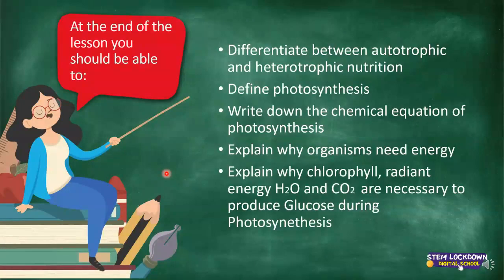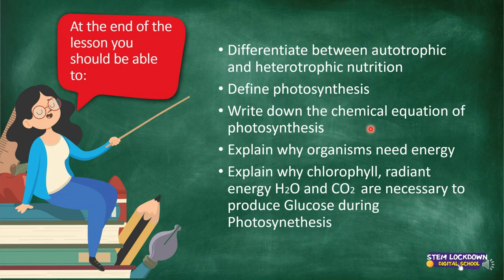Okay, so by the end of this lesson, you should be able to differentiate between autotrophic and heterotrophic nutrition. You should be able to define photosynthesis, that is, write down the definition of photosynthesis. You should be able to write down the chemical equation of photosynthesis.